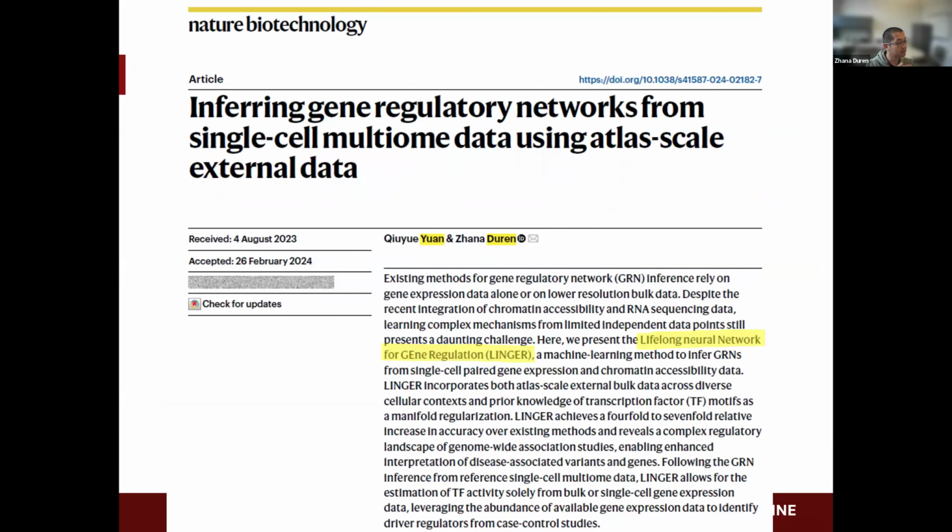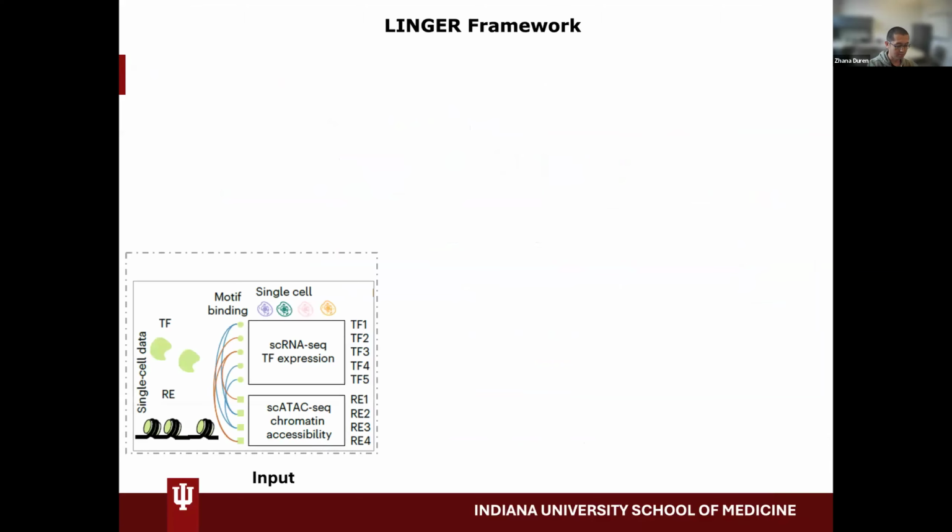So here is the paper we published last year. It's about learning GRN from single-cell multiome data and also leveraging external data sets. This method is called LINGER. It's a lifelong neural network for gene regulation. The LINGER framework input is gene expression and chromatin accessibility for individual cells, like two data matrices.